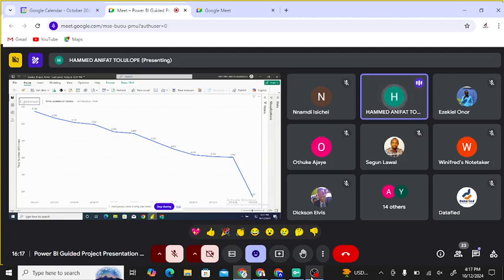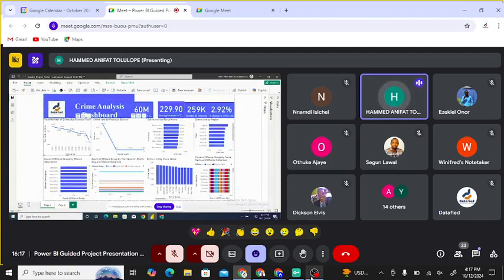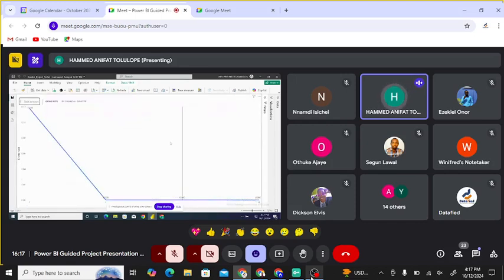The second one: are there specific quarters that show spikes or decline in crime rates? I also used line charts for the same thing. After the first quarter, there was a decline, and the second, third, and fourth quarters are parallel.